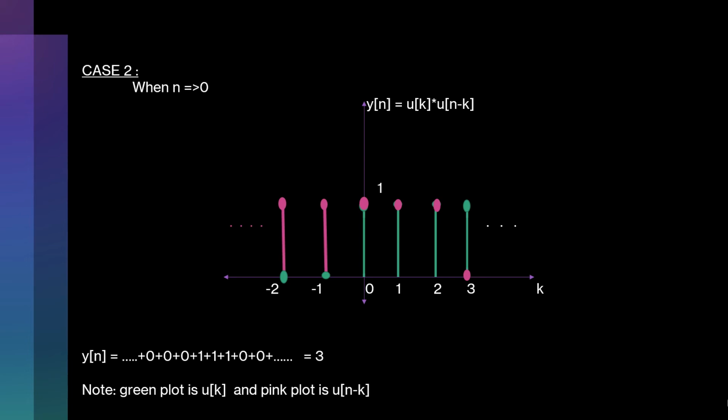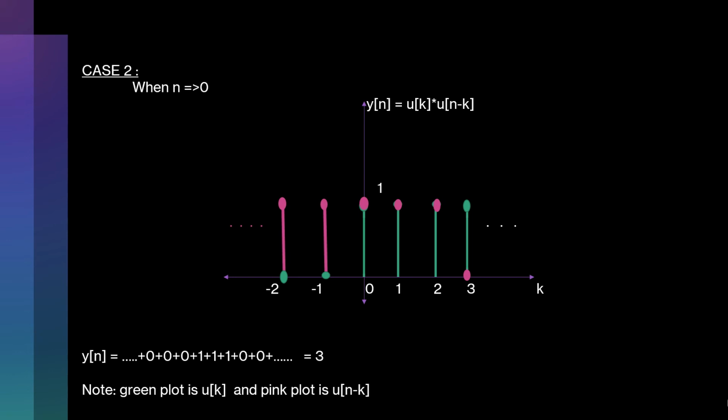Now coming to the positive side, when k equals 0, 1 multiplied by 1 equals 1. Similarly, for k equal to 1 and k equal to 2 also, we get 1. When k equals 3, u of k equals 1 but u of n minus k equals 0. So 1 multiplied by 0, we get 0, and it will remain 0 up to k equals infinity.